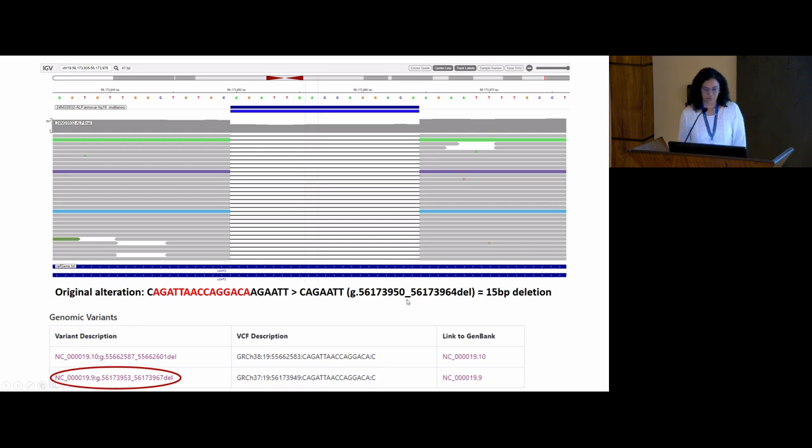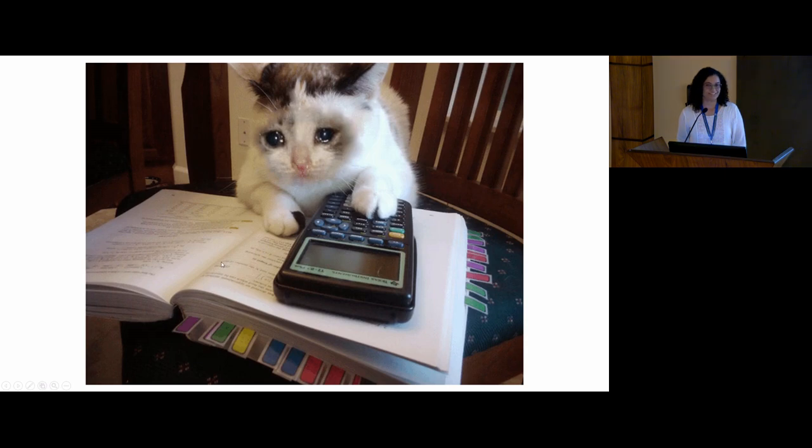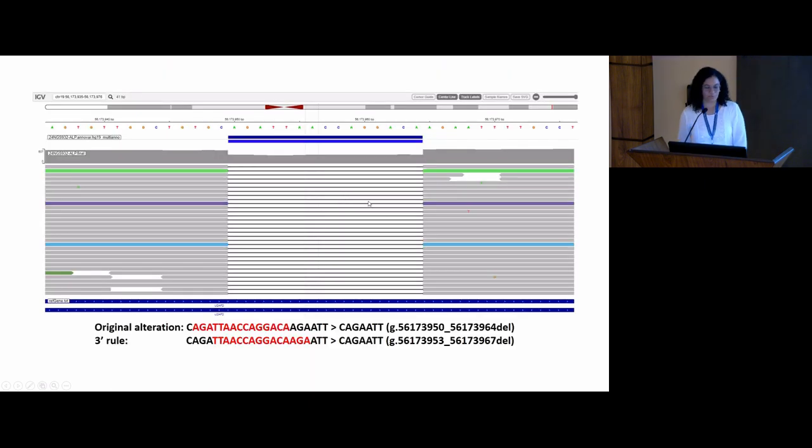Our genomic coordinates that we found on the Integrative Genomics Viewer are these, but on VariantValidator we are finding some other coordinates. Let's try to figure out why. So what does the 3' rule say?